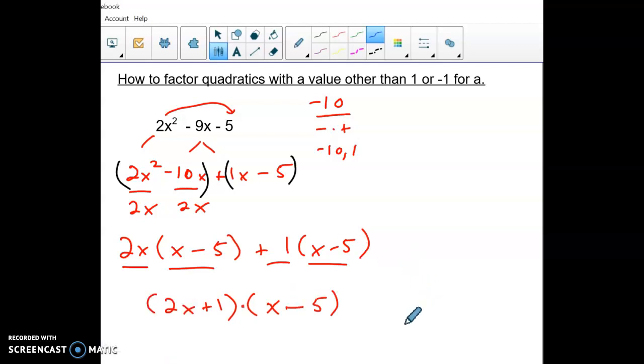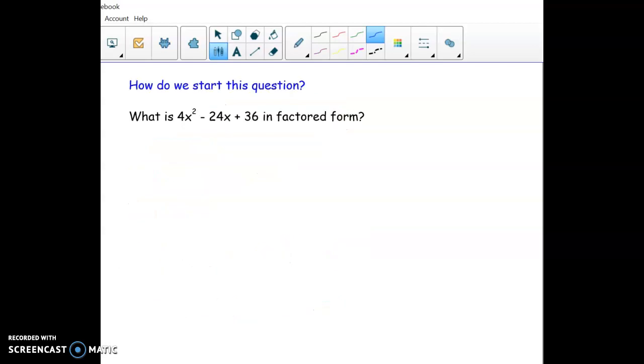Okay, and then the only other thing I really want to mention here is make sure to check for GCF. So like this last example looks like it would be a long factor question because of the 4. But if you actually realize that all of these are divisible by 4, you can pull that to the front, and then you don't have to long factor. You can pull the 4 to the front, and then you get x squared minus 6x plus 9.